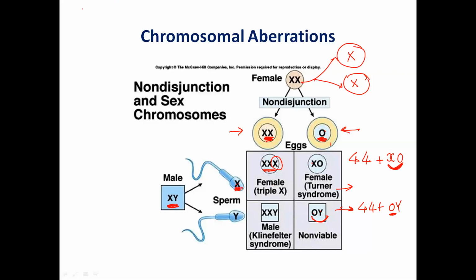On the other hand, if that egg that contains the two X chromosomes is fertilized by a sperm that contains a Y chromosome, then the resultant would be XXY. We would also have a triple sex chromosome case, but in such a case, it's not XXX, but XXY. And since we said before that Y is predominant in male sex determination, any organism that has Y will be a male, even if it has two X's or three X's.